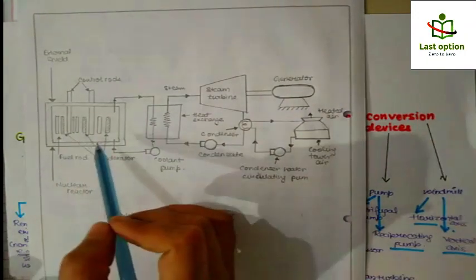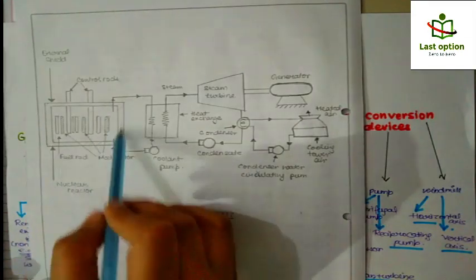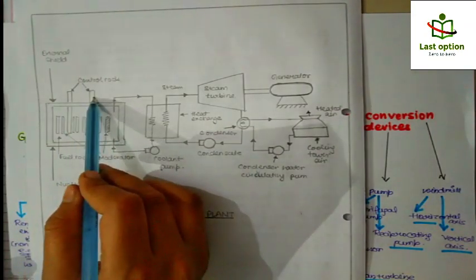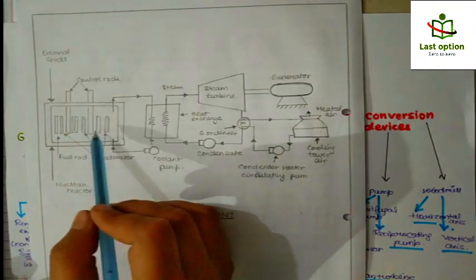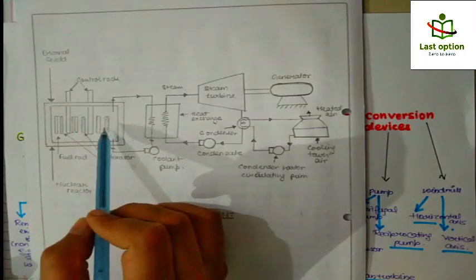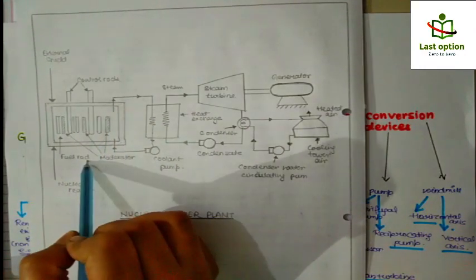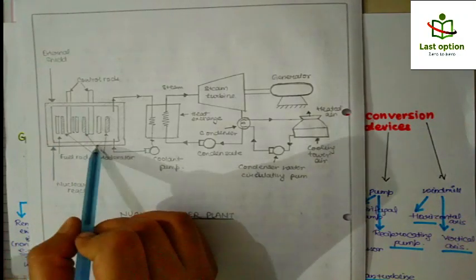Here you can see this is the external shield, and this is the nuclear reactor. These two are the control rods, then the fuel rod, the moderator. So what is this reactor vessel made of? It is made from low carbon steel and clad with stainless steel to reduce corrosion problems.